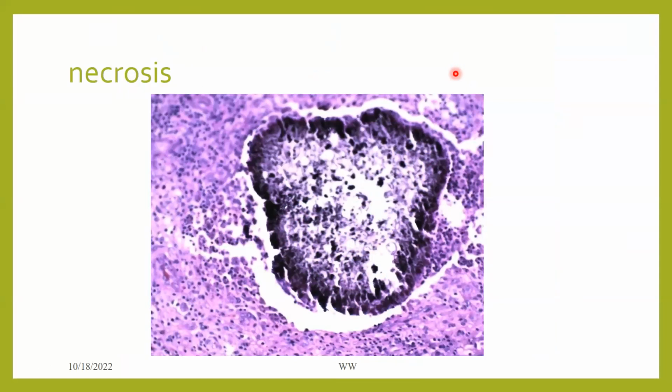Necrosis can also occur because of bacterial and fungal colonies. This is bacteria growing in normal tissue, provoking inflammation and necrosis within it because the cells break down and they are digested and become homogenized.